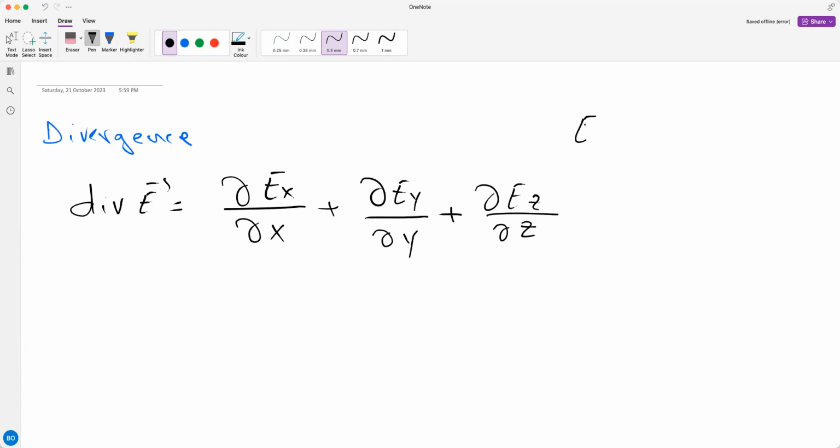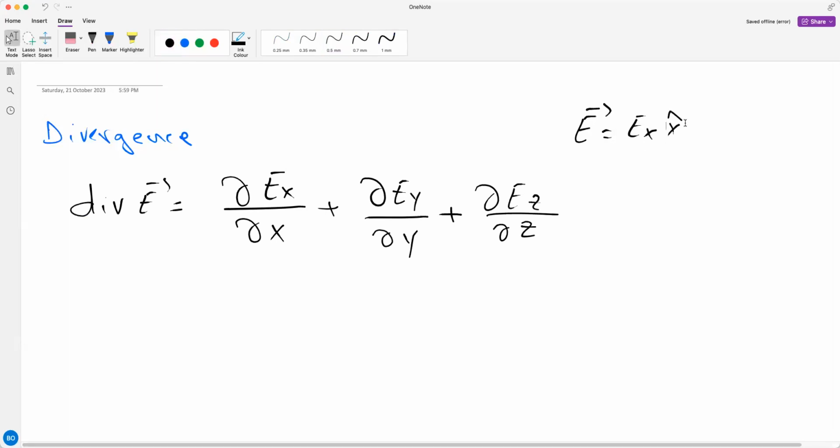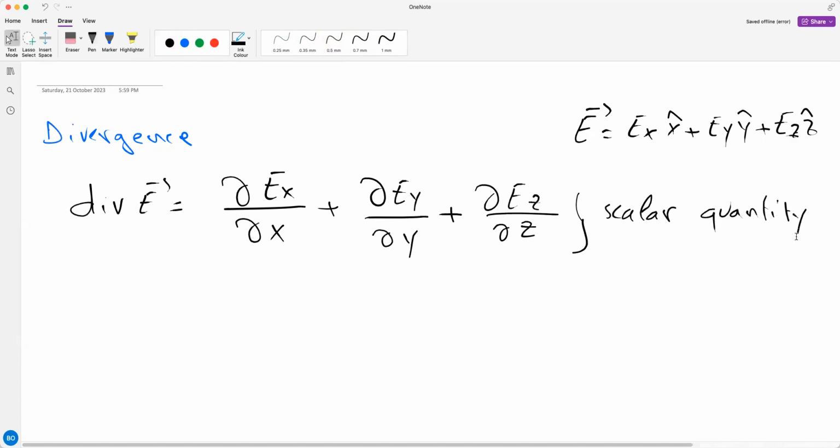Now, remember, the electric field is a vector, a three-dimensional vector in general, that has three components along x, y, and z. And this is a scalar quantity. Remember the difference between the gradient of a scalar that gives you a vector and the divergence of a vector that gives you a scalar.